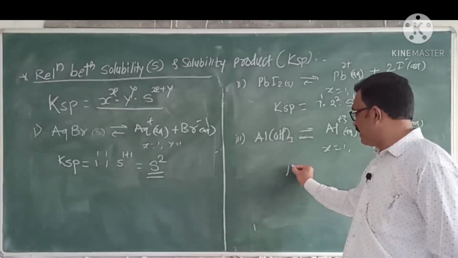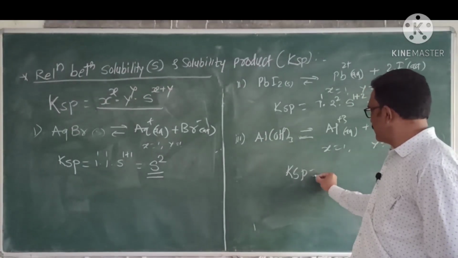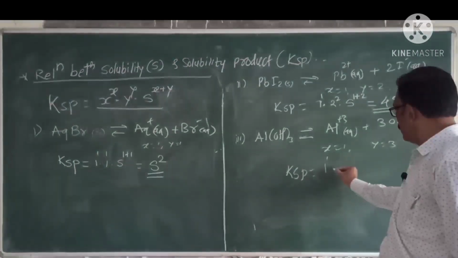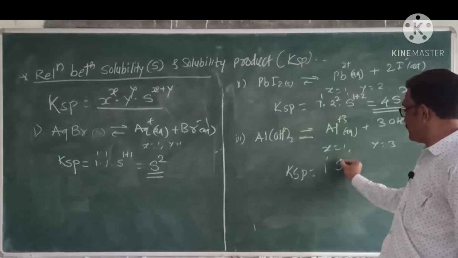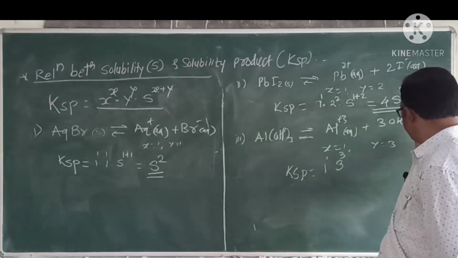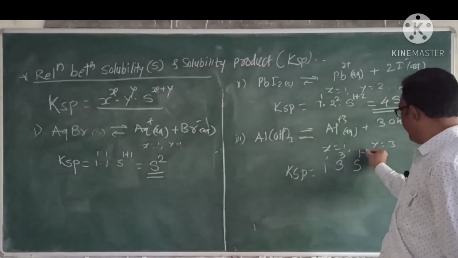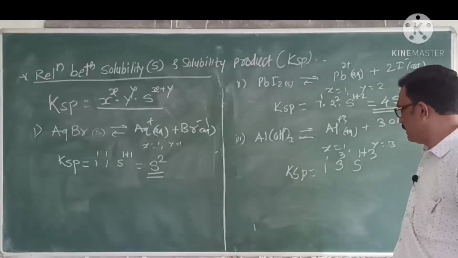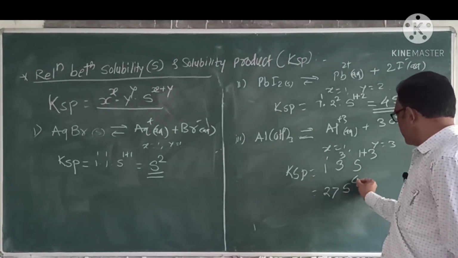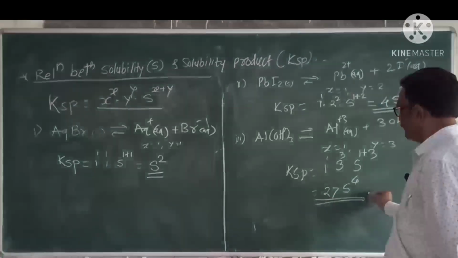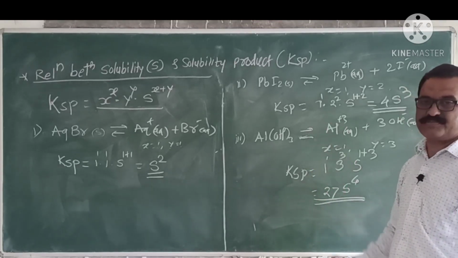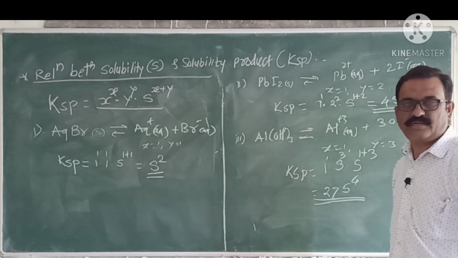If we put these values in this equation, X^X, that is 1^1, into Y^Y, 3^3, into S^(X+Y), that is S^4, we get 27 S^4. This equation gives the solubility product for such a sparingly soluble salt.